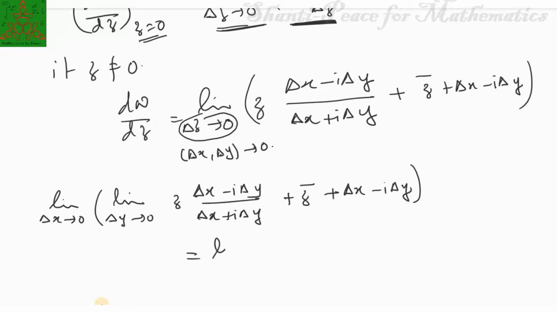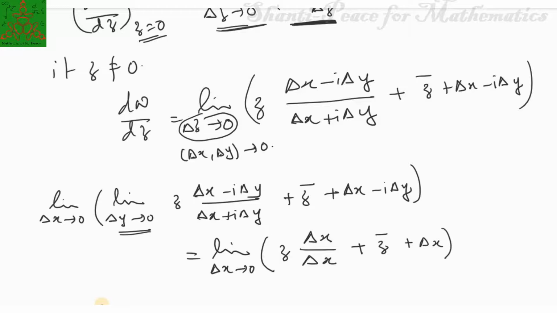If you take the limit as delta y tends to 0, we will have z into delta x upon delta x plus z bar plus delta x, and as delta x cancels out here, this will give you z plus z bar.